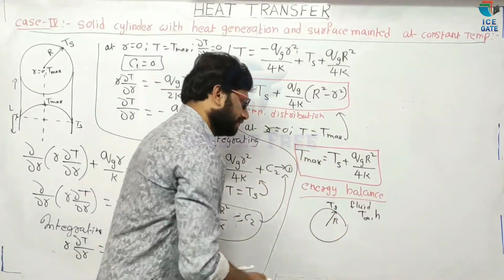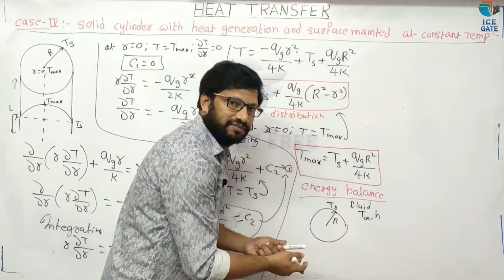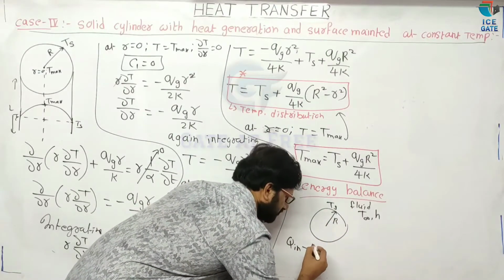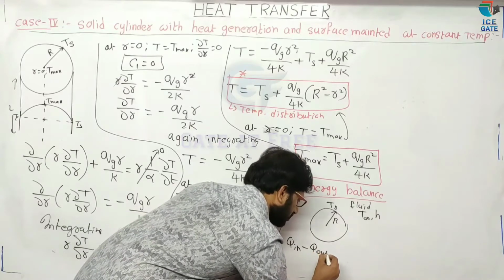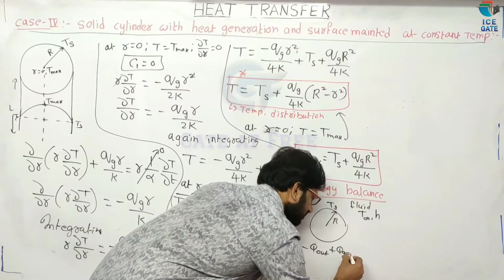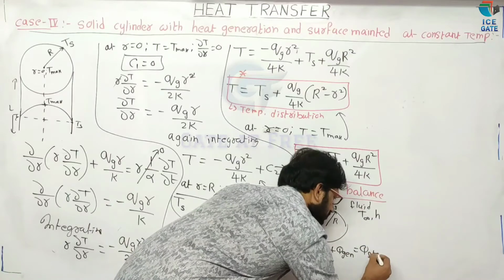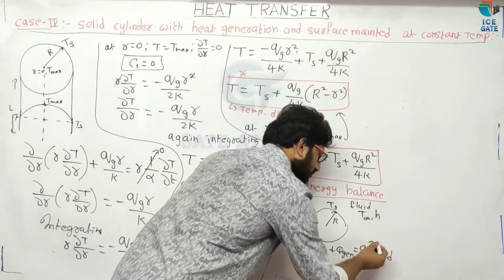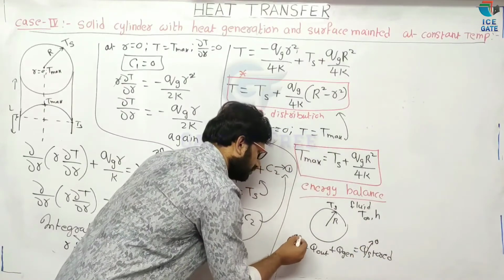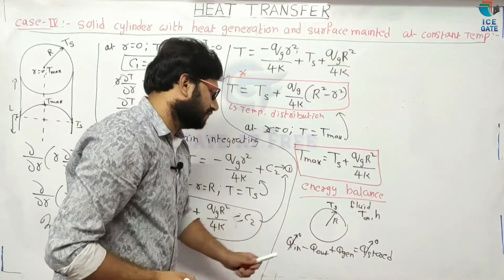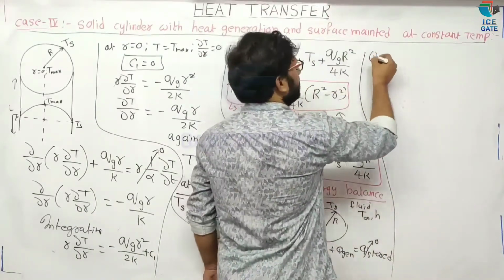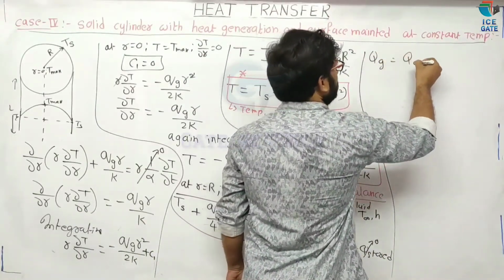Okay. Now, from energy balance equation, Q in minus Q out plus heat generation is equal to Q stored. Okay, as it is steady state, Q stored equal to 0, and there is no Q input, there is no heat input. Now, heat Qg is equal to Q out.